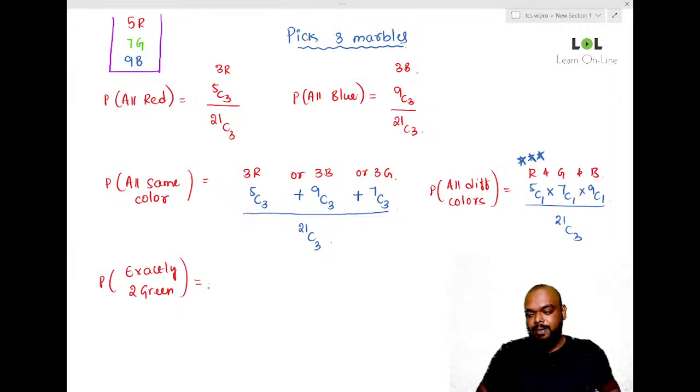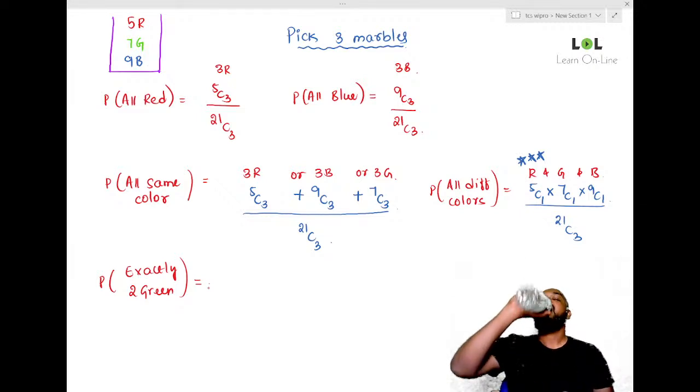Exactly 2 green. Guys, you need exactly 2 green. Can anyone give me the final answer? I will wait for your answer. Take 1 minute and try to give me the answer.